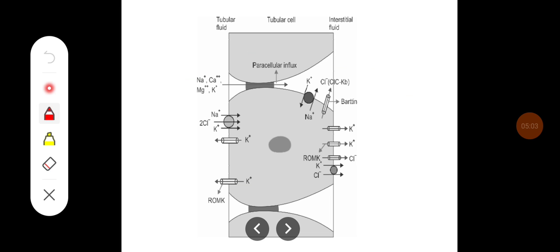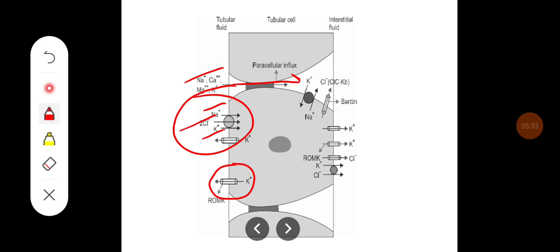So this is how the reabsorption of the sodium occurs through sodium potassium 2 chloride channels in the thick ascending loop of Henle, and sometimes sodium, calcium, some amount of magnesium and potassium are transported paracellularly, and the potassium is taken back into the tubular lumen, sometimes through the ROMK potassium channels.